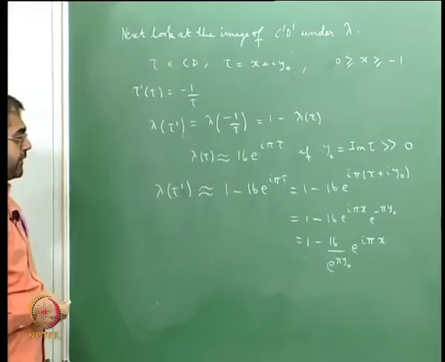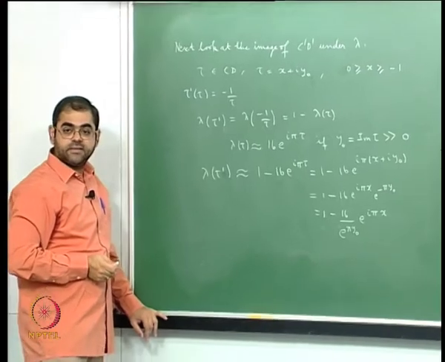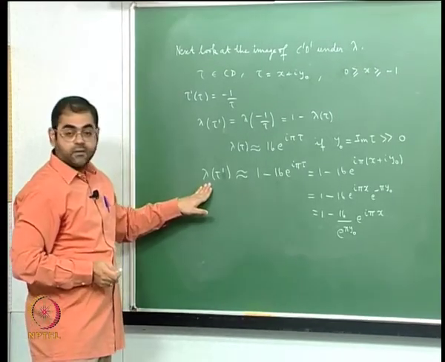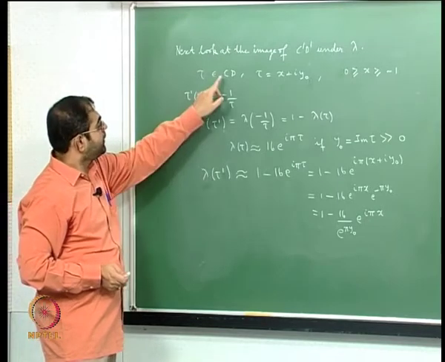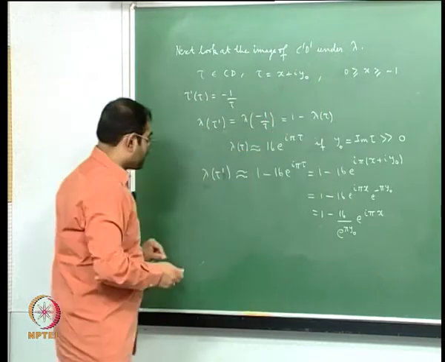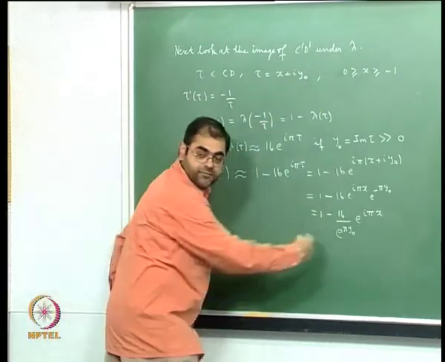Now trace the image of C prime D prime under lambda. So I have to trace this. What will I get?